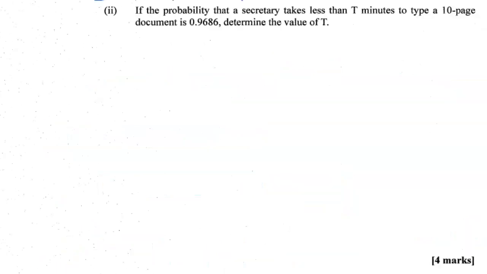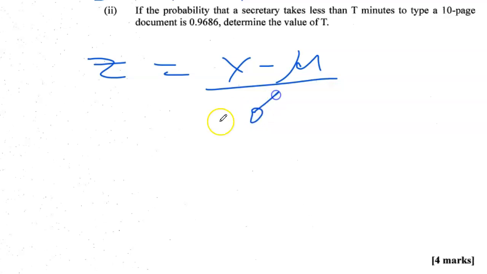Next, we're told that the probability that a secretary takes less than T minutes to type a 10-page document is 0.9686, determine the value of T. Remember the normal distribution formula is Z equal X minus mu over sigma. So we want the Z value for when the probability is 0.9686.